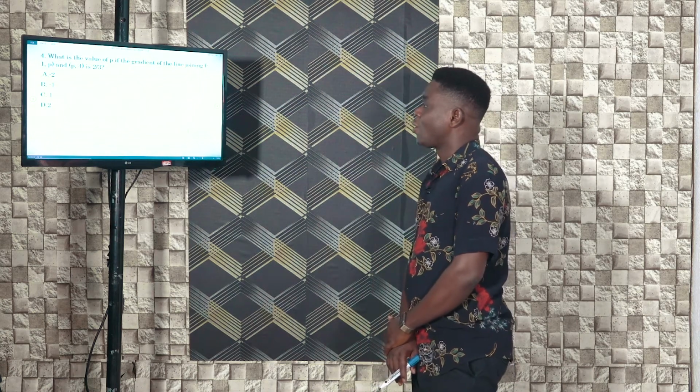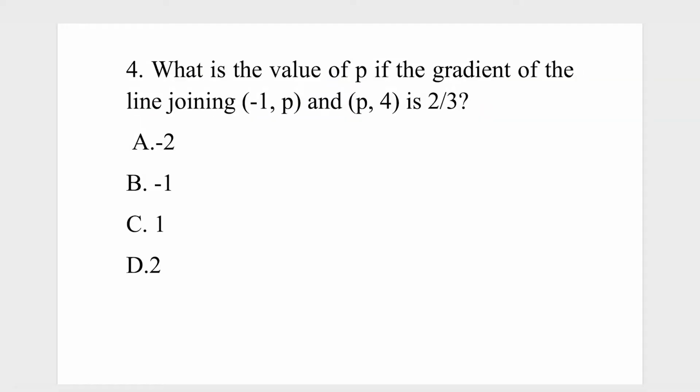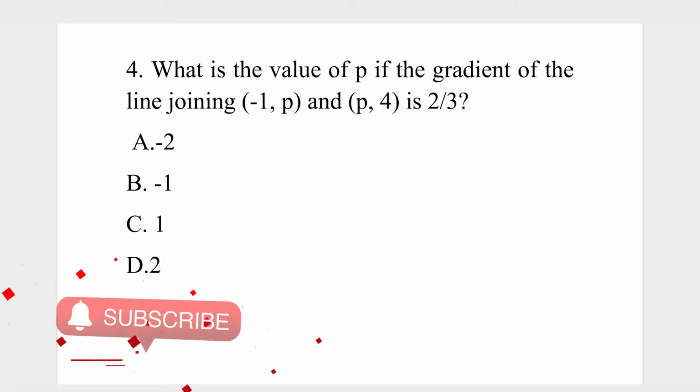Question number 4. What is the value of P if the gradient of the line joining -1 and P and 4 is 2 all over 3? So there are 2 points here.